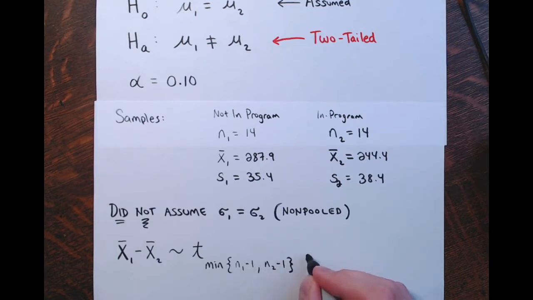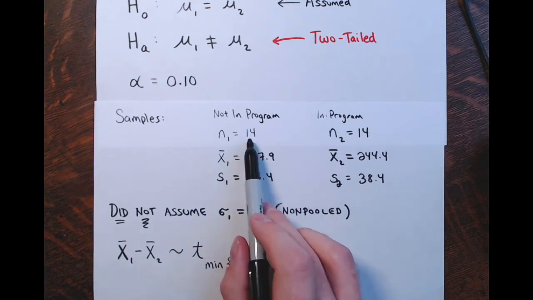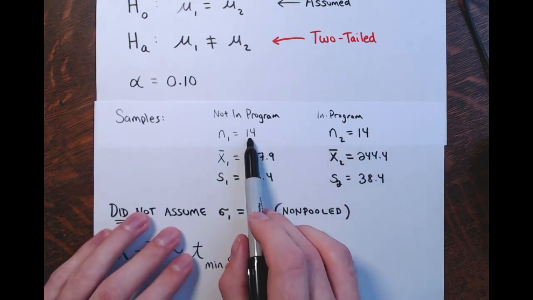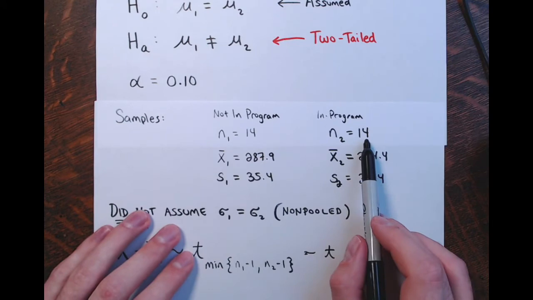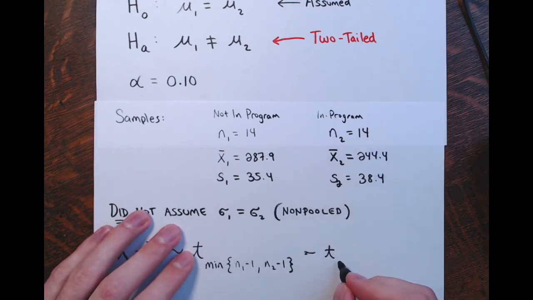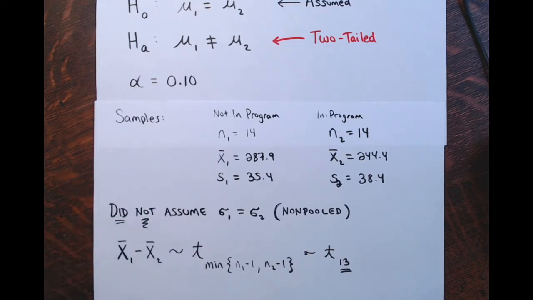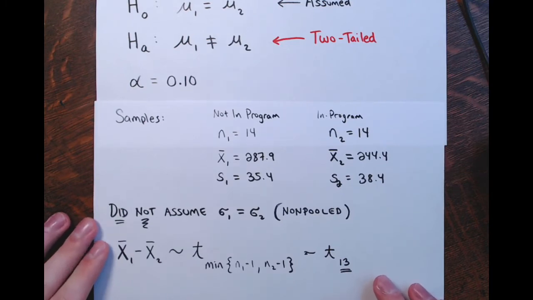Well, in that case, this is a t distribution with 13 degrees of freedom, right? Because n1 minus 1 is 13, n2 minus 1 is also 13. The smaller of 13 and 13 is 13. So we're looking at 13 degrees of freedom. Okay.